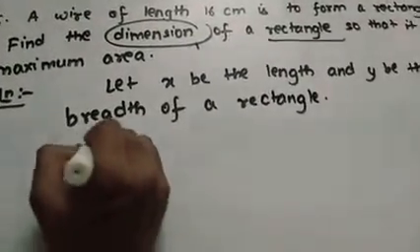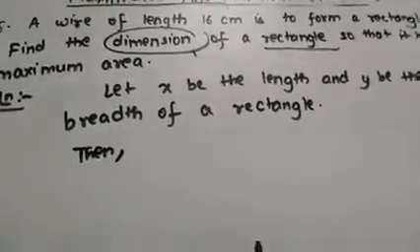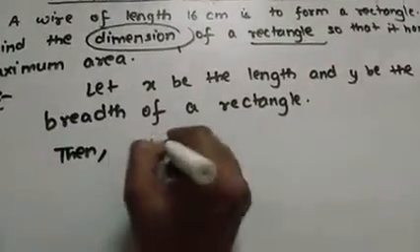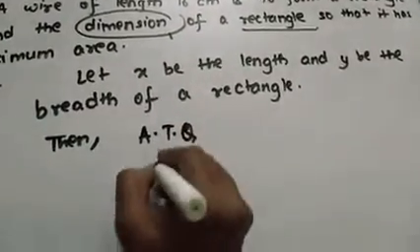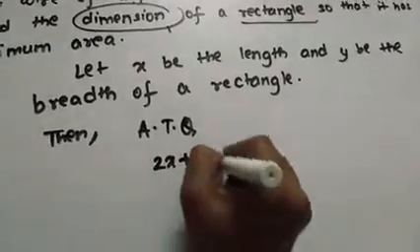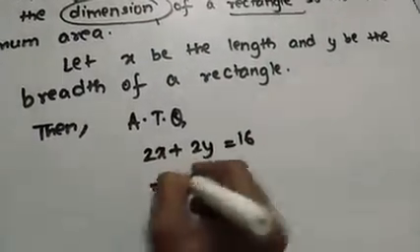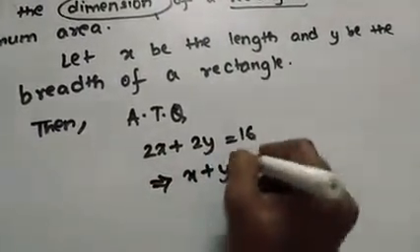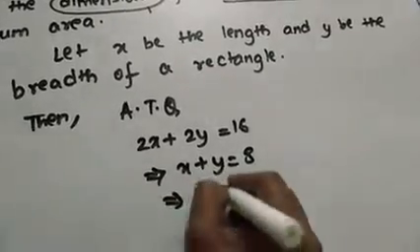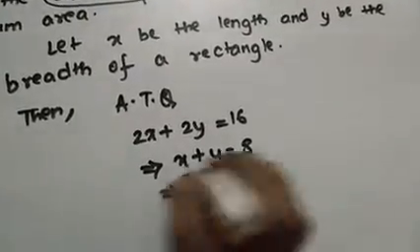So then according to the question, 2x plus 2y equals 16, that is x plus y equals 8, or simply we say y equals 8 minus x.